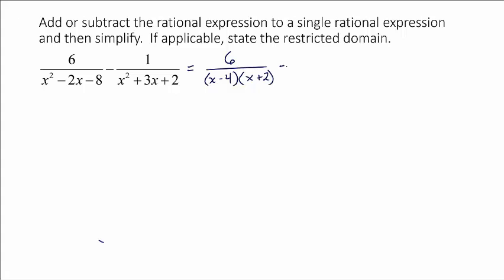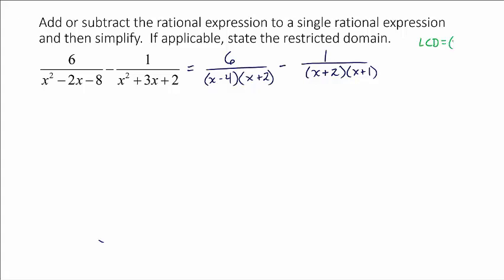Okay, so I have that, and then the second fraction in the denominator there, x squared plus 3x plus 2, factors of 2 that add to 3, 2 and 1, right? So I've got x plus 2 times x plus 1. Okay, now over on the side here, I'm thinking about the LCD. What is the LCD going to be looking at all of this?